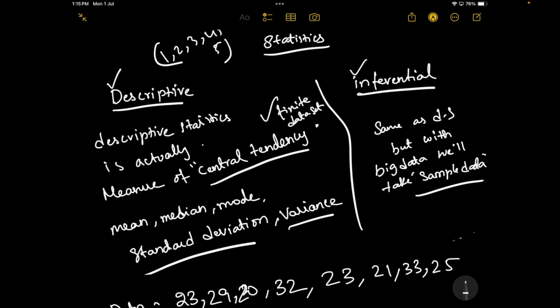For example, take our country India. There is a task for you to find the average height of males in the entire country, the male average height in India. Is that easy to find?